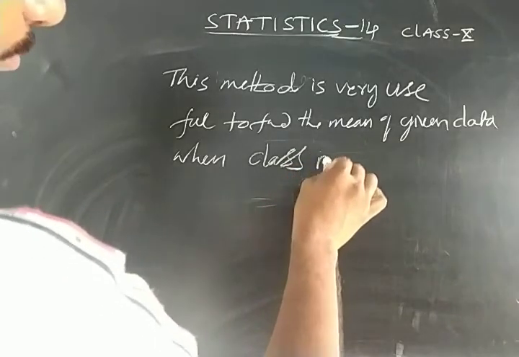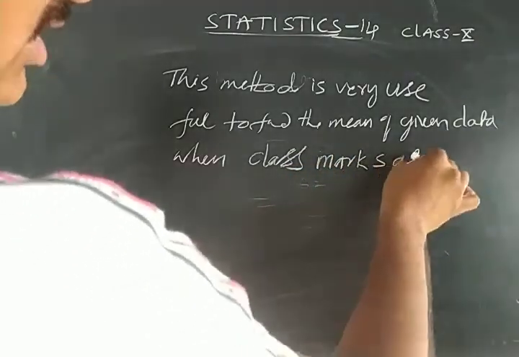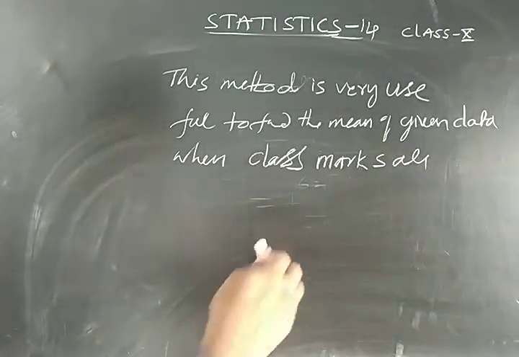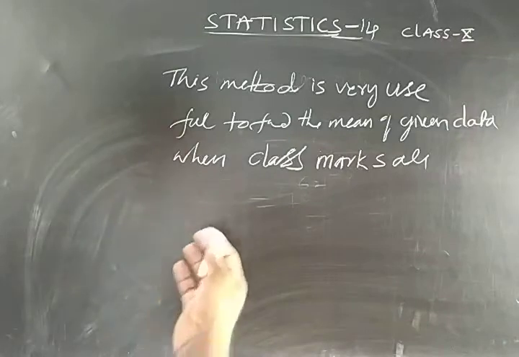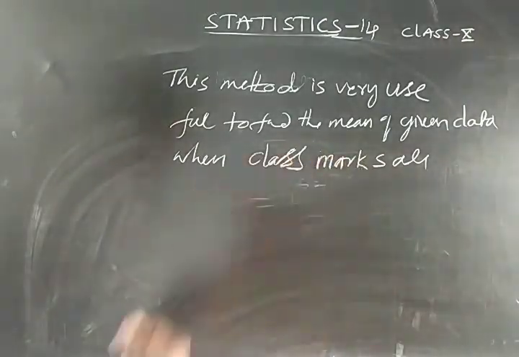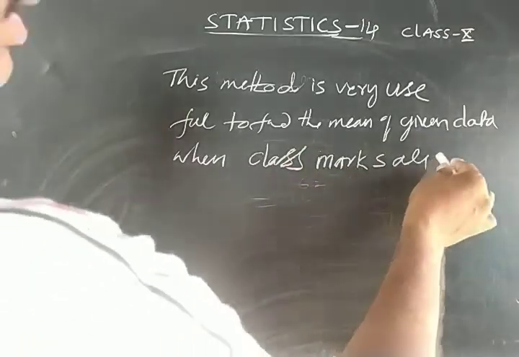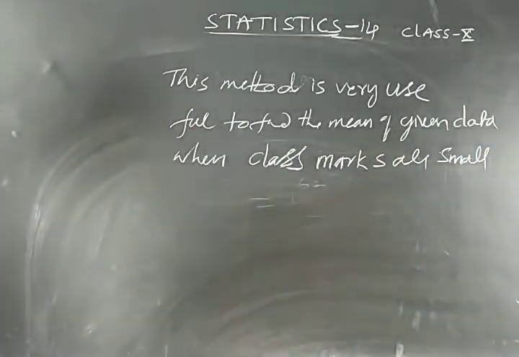Class marks means, if you have the intervals, you have to take the average of each interval. That is known as class marks, right? When class marks are small, this method is very useful.